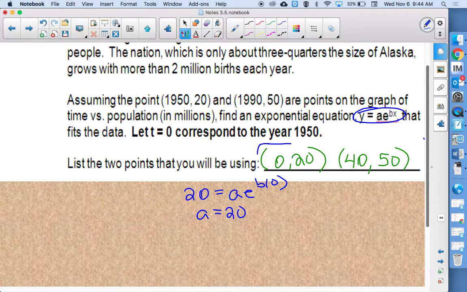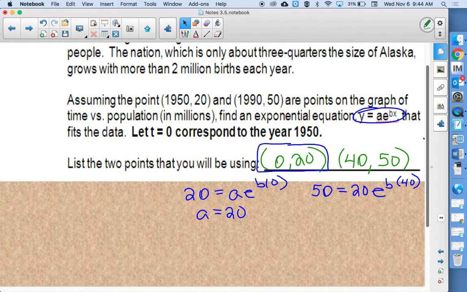Your y-intercept is always going to be your a. So the y-intercept is the a value of the problem. So once you know the y-intercept, take your next value and plug it in. Then I would divide.